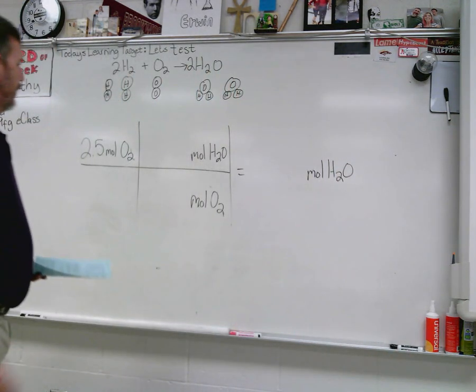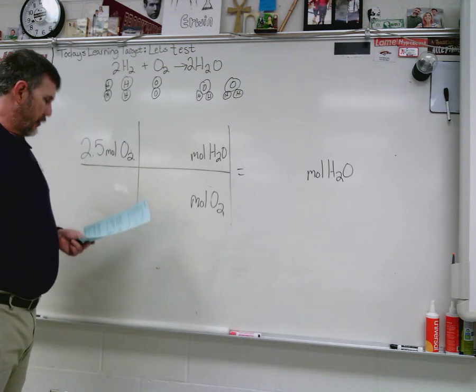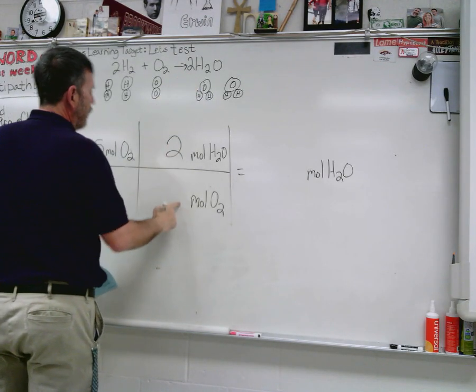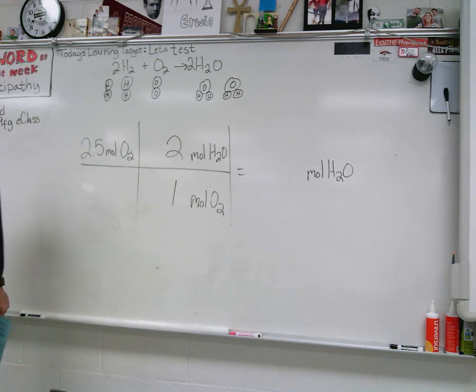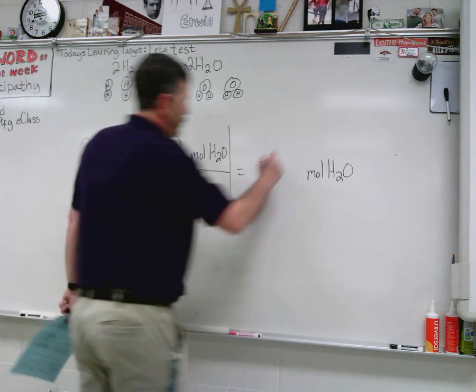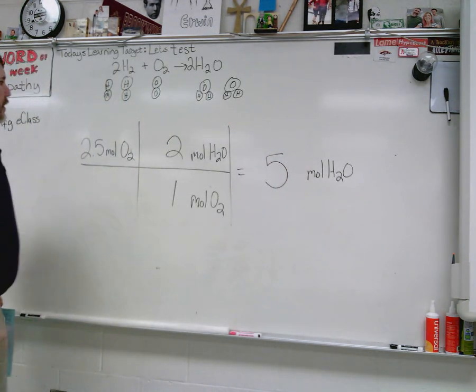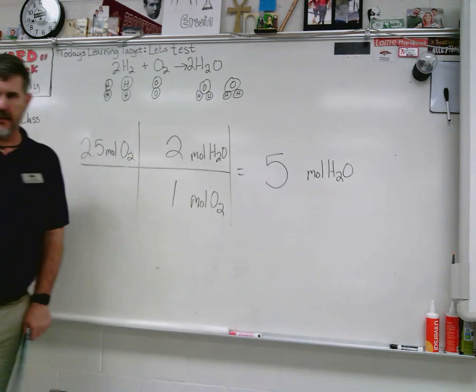Basically, from here on in, it's moles and grams for stoichiometry. All right, how many moles of H2O? 2 moles of H2O. For how many moles of oxygen? For every 1 mole of oxygen. Now, instead of a division, it's a multiplication. 2 times 2.5 is 5 moles of water. 5 moles of water. If I had 2.5 moles of O2, I can make 5 moles of water, right?